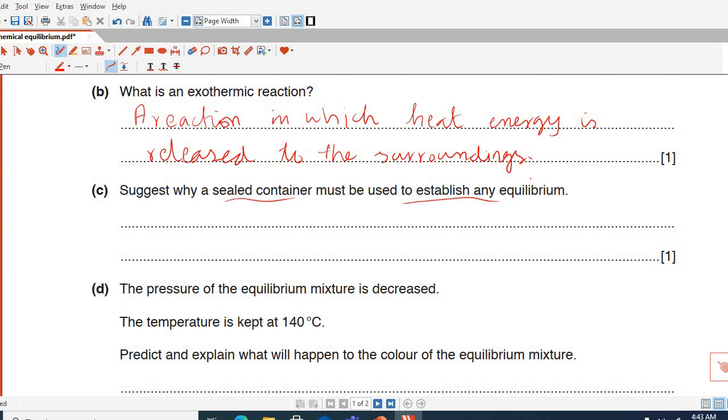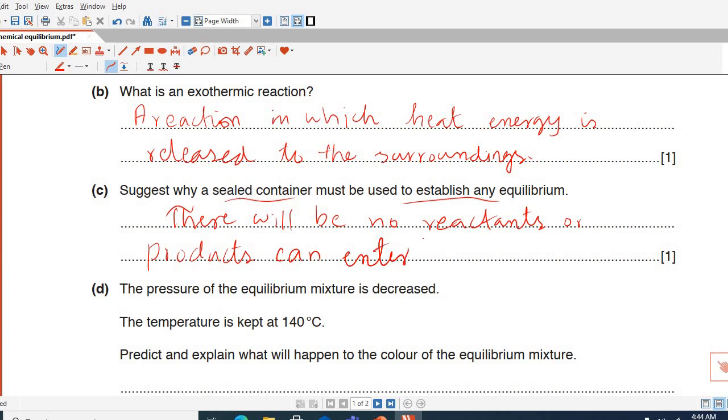So this is a very simple answer, that you can say that there will be no reactants or products that can enter, or you can say that they can be lost.